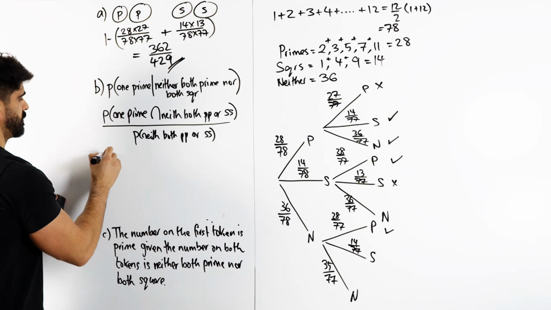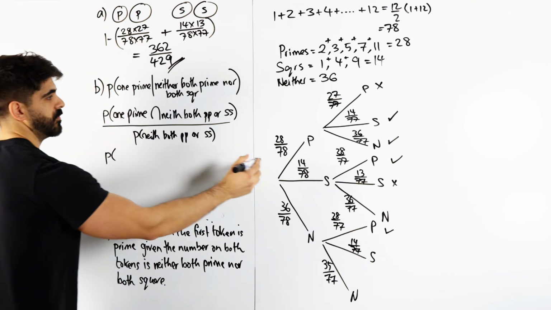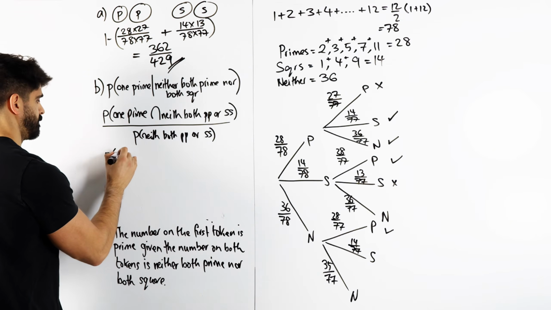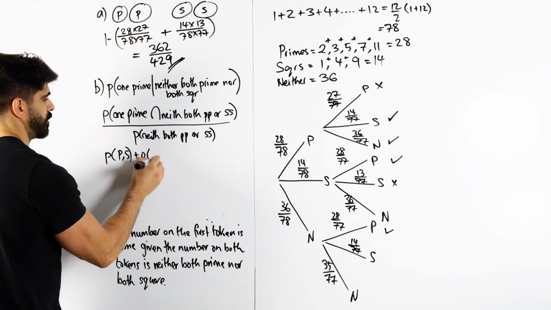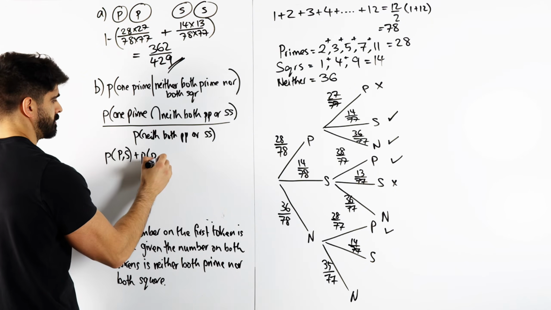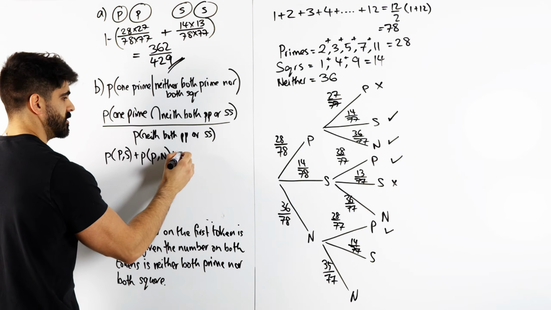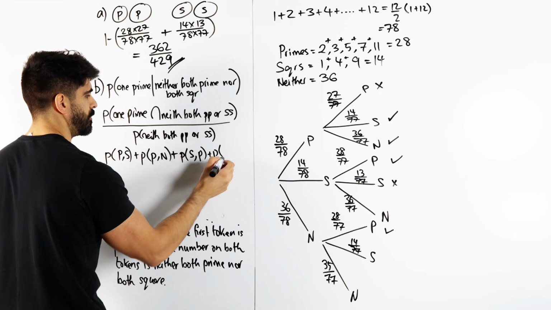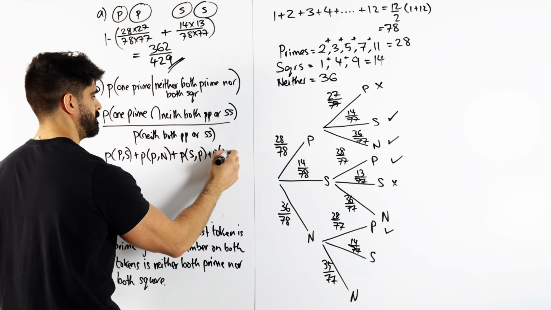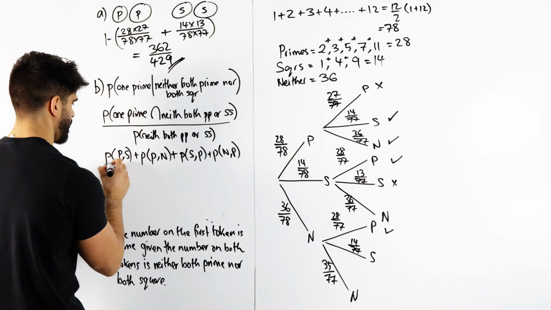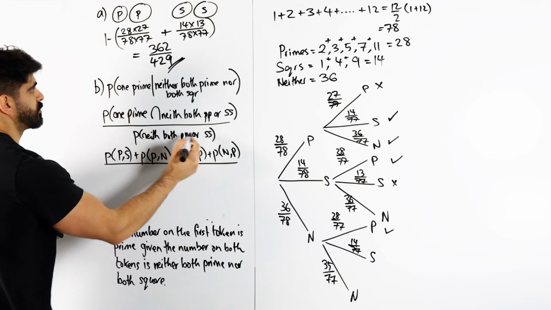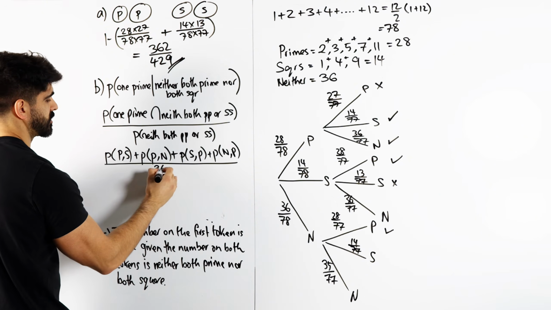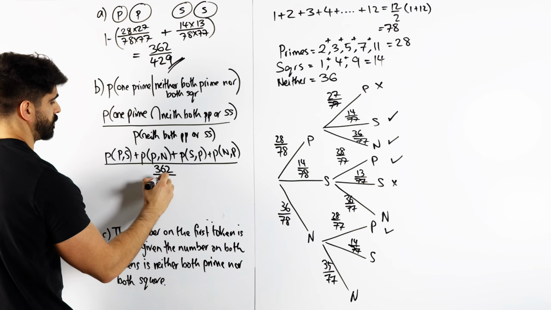So you could have the probability of PS, and the probability of PN, and the probability of SP, and the probability of NP, all over this probability, which we know is 362 divided by 429.